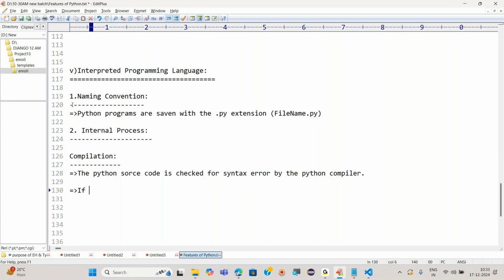If no error is found, it's converted into byte code, .pyc. Already we have seen yesterday, right?